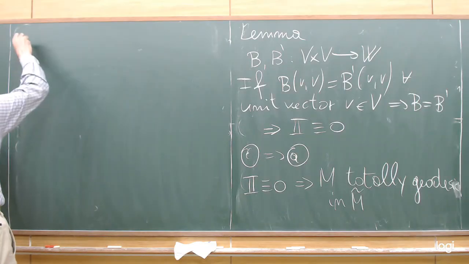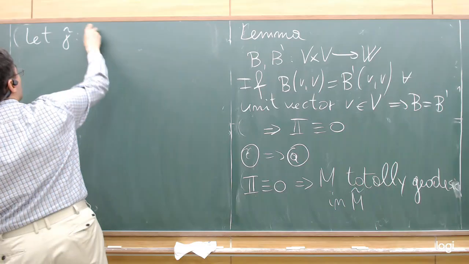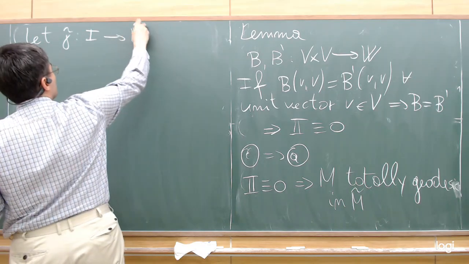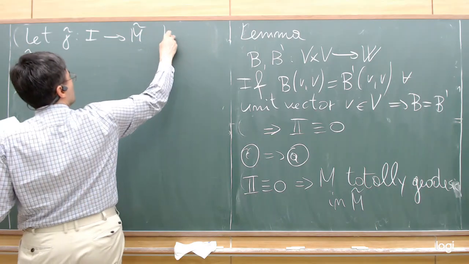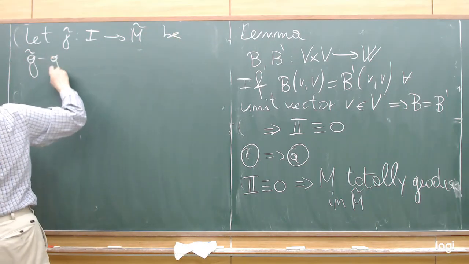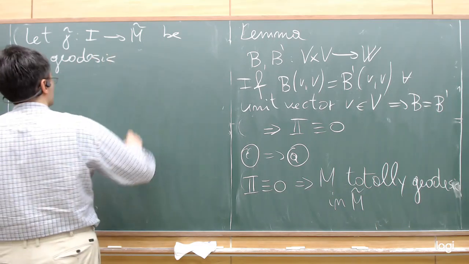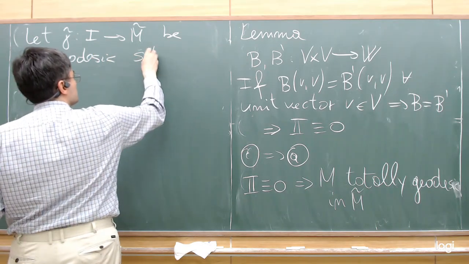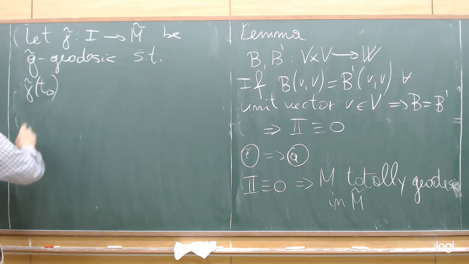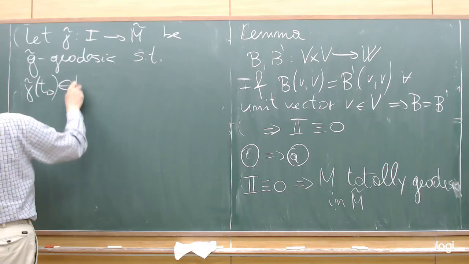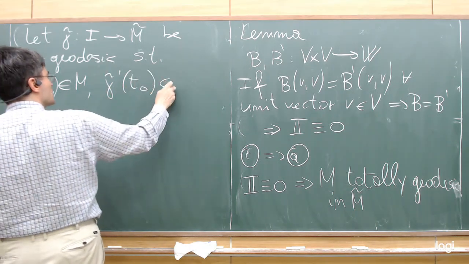So let gamma tilde be a G tilde geodesic such that gamma tilde at t0 is a point of M and gamma tilde prime at t0 belongs to TM.